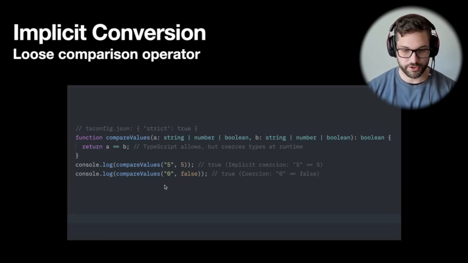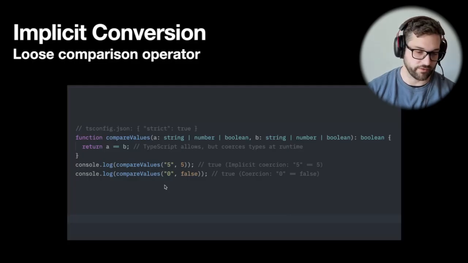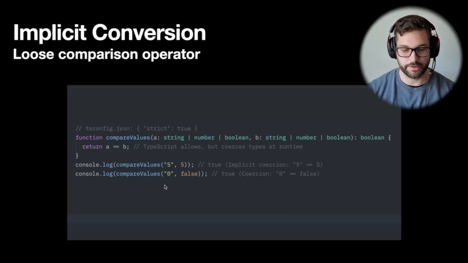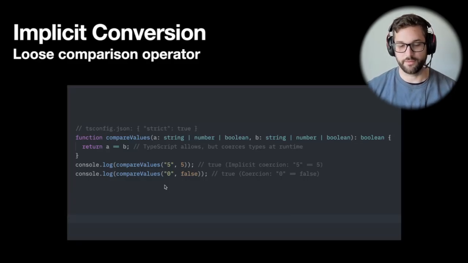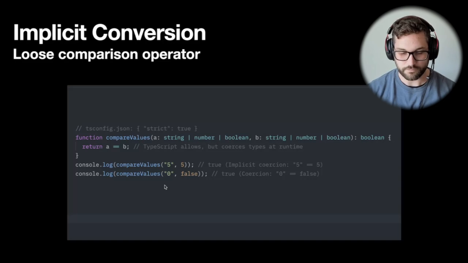So here we have a function, totally contrived, two parameters a and b being either string, number or boolean, and we pass in 5 the string and 5 the number, and these should not be the same, but because of the loose operator that TypeScript allows, we get some implicit conversion, and we get 5 equals 5 is true. And then we have the same issue again with 0 and false due to the coercion inside the function.